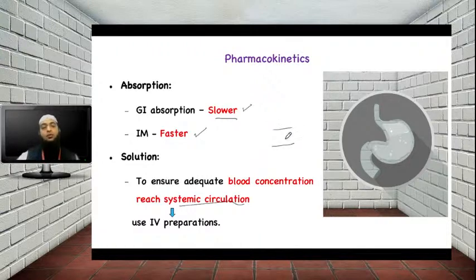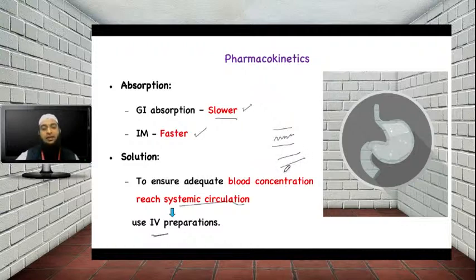Those drugs which have a narrow therapeutic index and need to be monitored through therapeutic drug monitoring must be given through the IV route. When you give a drug through the IV route, you can ensure adequate blood concentration is reaching the systemic circulation. Once the concentration comes in between the therapeutic range, it is going to produce a good pharmacological effect.